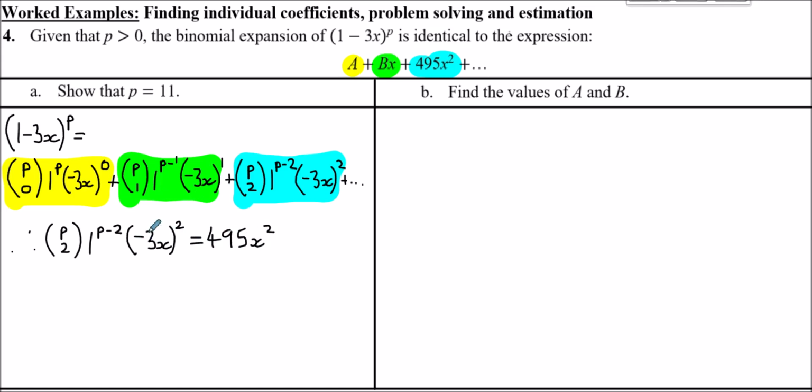So minus 3x all squared, that gives us 9x squared. 1 to the power whatever, that's just still going to be 1. So we have p choose 2 times 1 times 9x squared. That equals 495x squared.